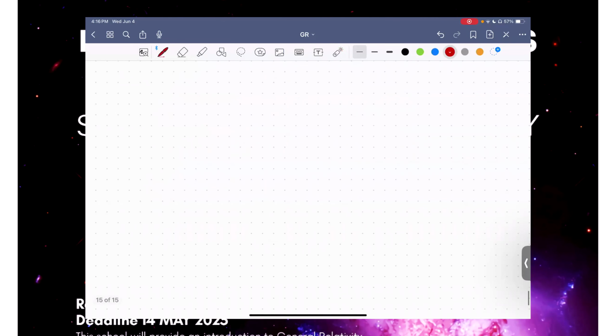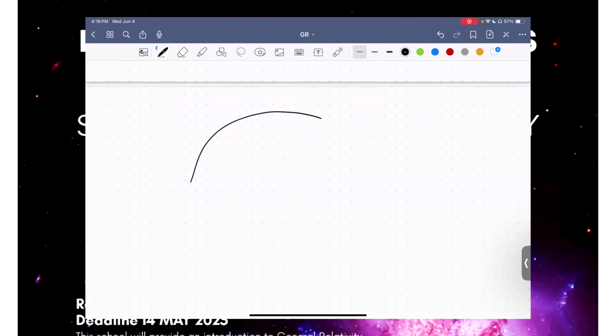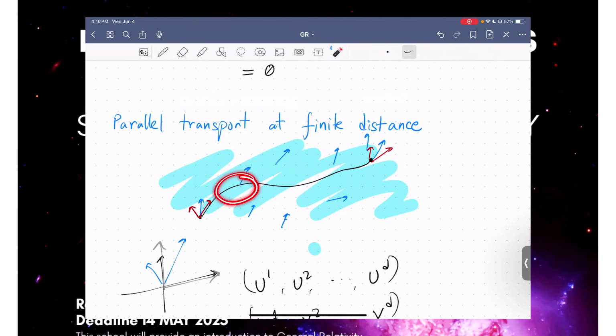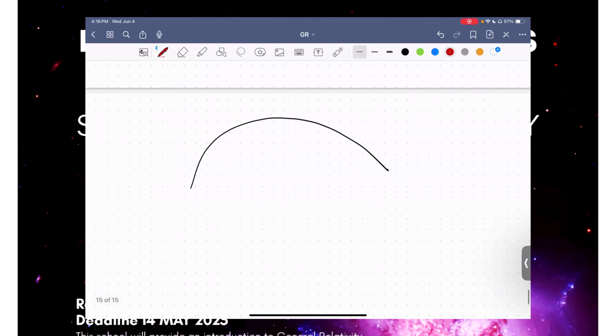So let me draw a zoomed in picture. So suppose this curve is some maybe zoomed in version of this. So if you zoom in here, maybe you see something like this. Right? And then what you do is that you break this into small pieces. And when I say small, I really mean infinitesimal.